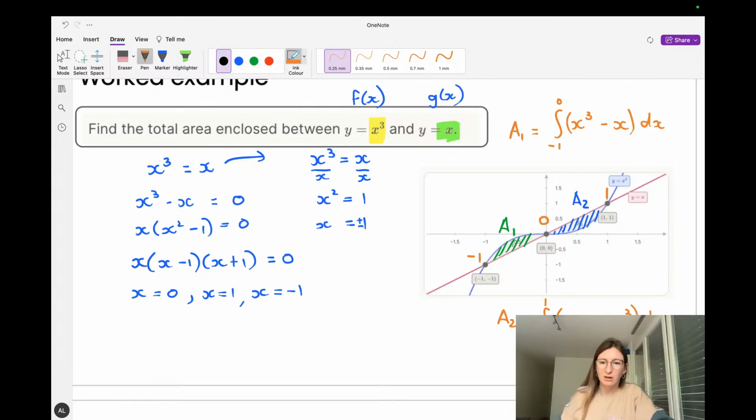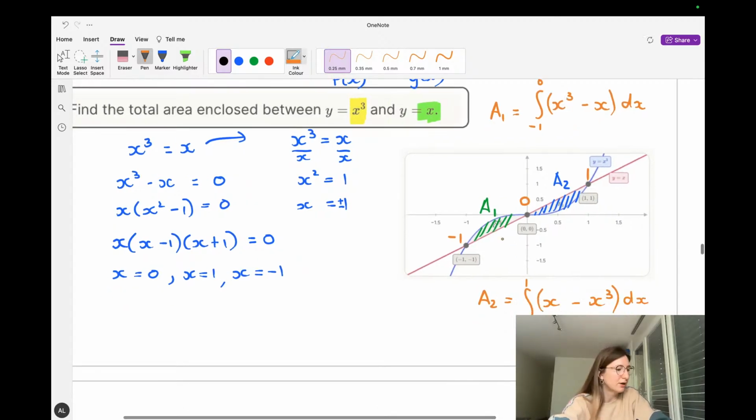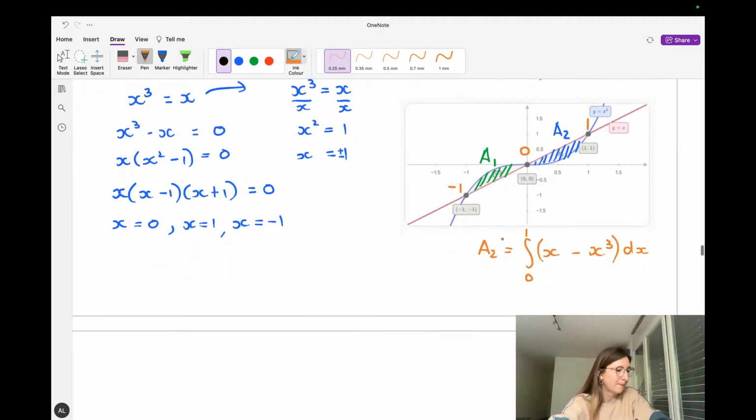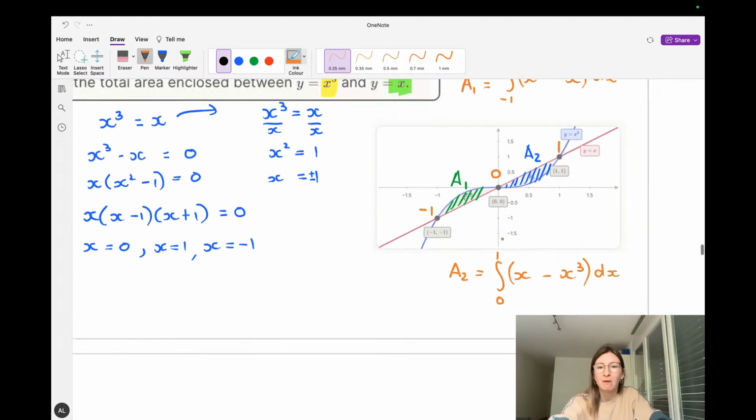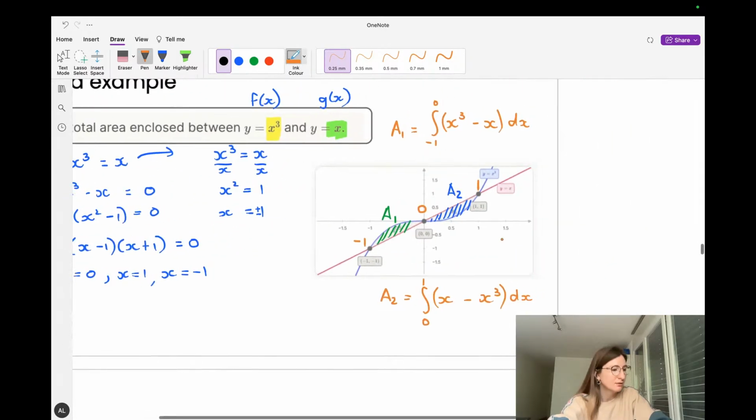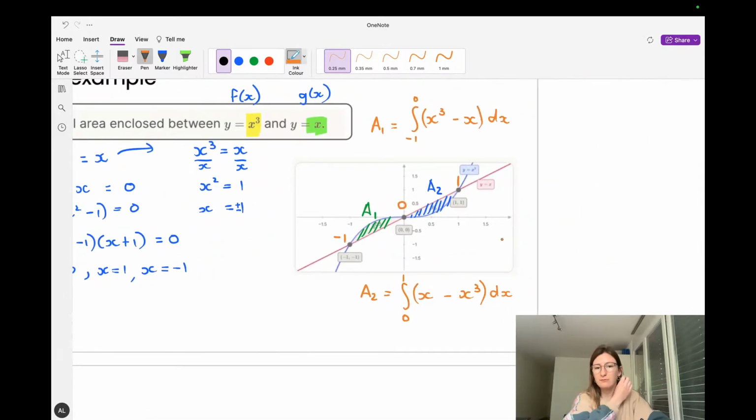The boundaries or limits are different, and the order is different because at different points, a different graph is on top. So then we would evaluate those 2 areas, and then we would, sorry, I'm covering that. Let me do like that, and hopefully you can see. So now we just need to evaluate those integrals.